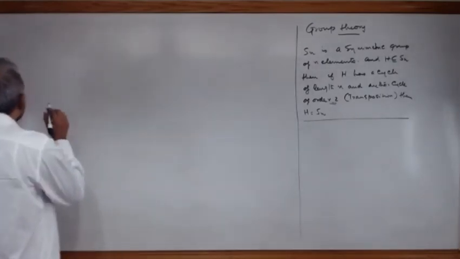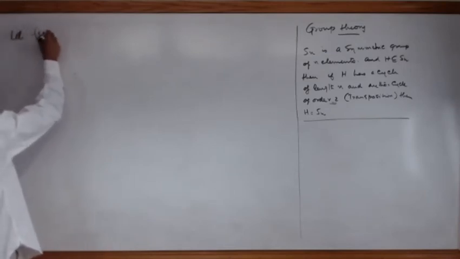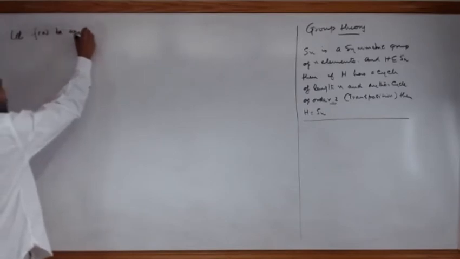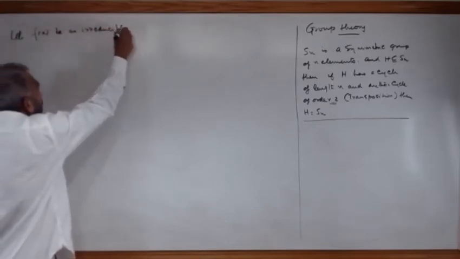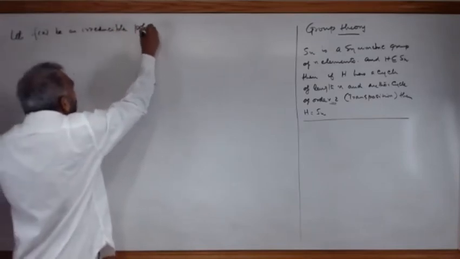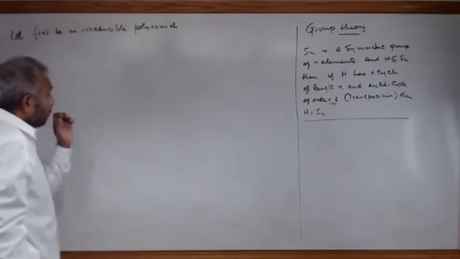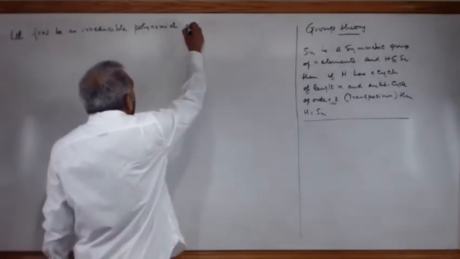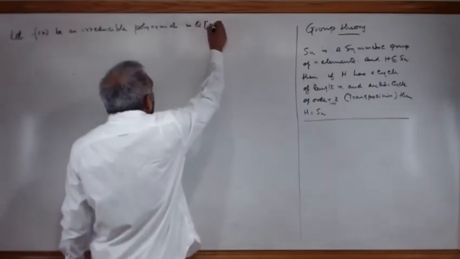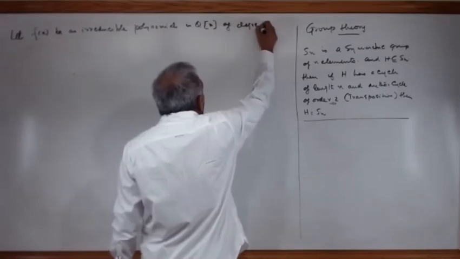So let us define the polynomial. Let f(x) be an irreducible polynomial in Q[x] of degree 5.